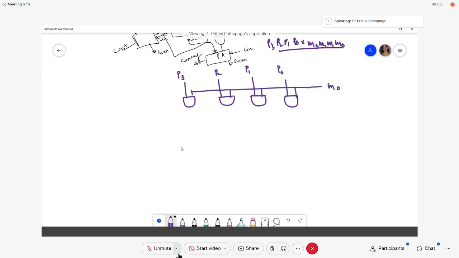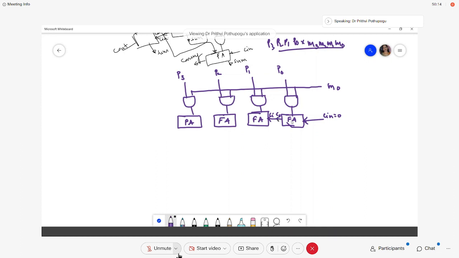And this gives us one of the inputs to the full adder. Now this is the first stage, meaning C in will be 0. This will be C out and this will be C in.